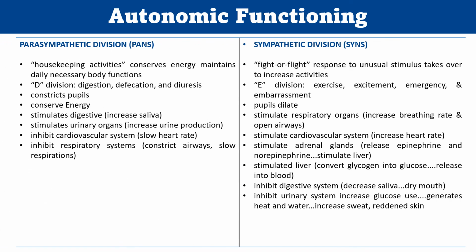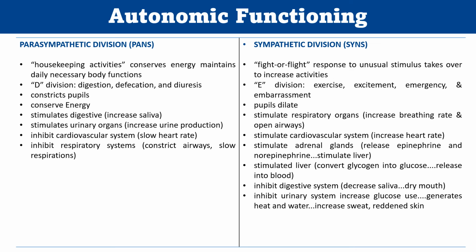Let's look at the autonomic functioning. We're going to look at the parasympathetic division and the sympathetic division separately. Starting with the parasympathetic division, it is housekeeping activity: it conserves energy and maintains daily necessary body functions. It is also known as the D division because it is responsible for digestion, defecation, and diuresis.